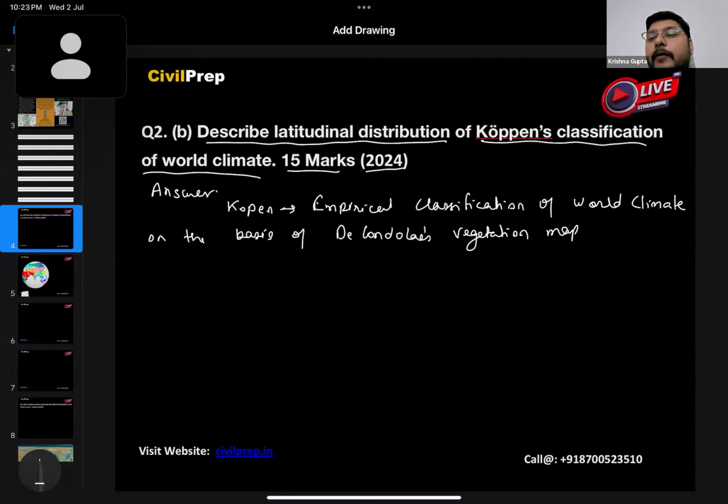Now this map, it was linked with the climatic zones along with the natural vegetation.